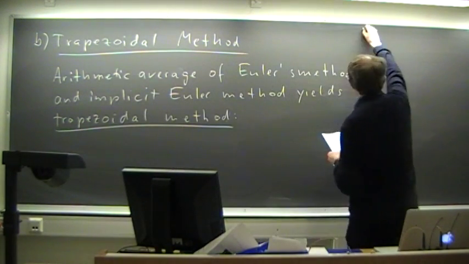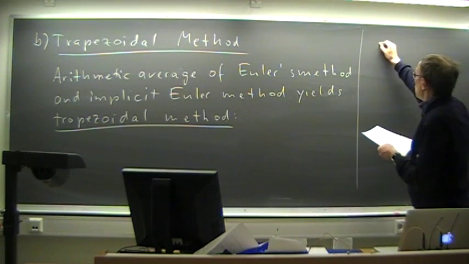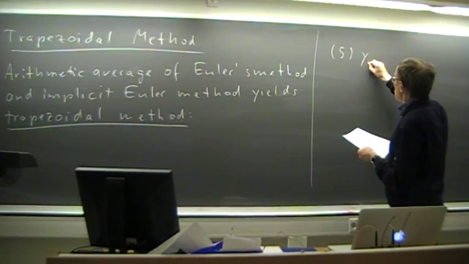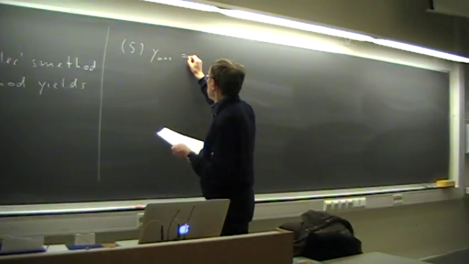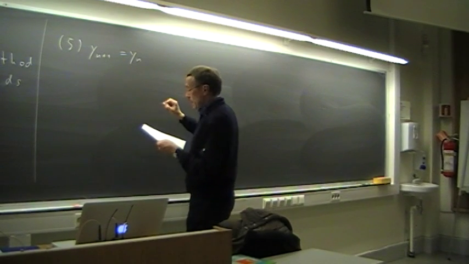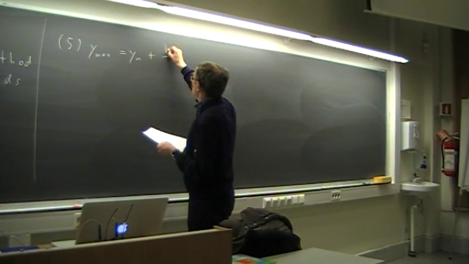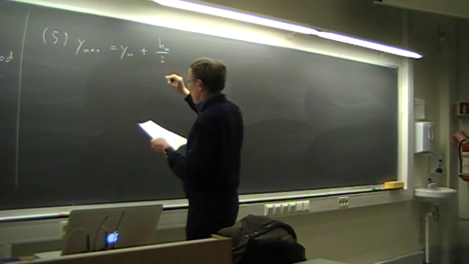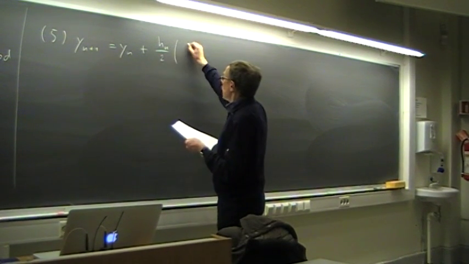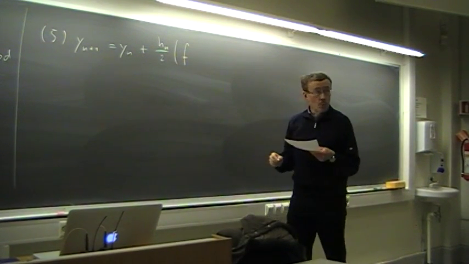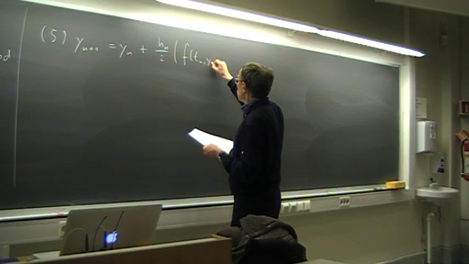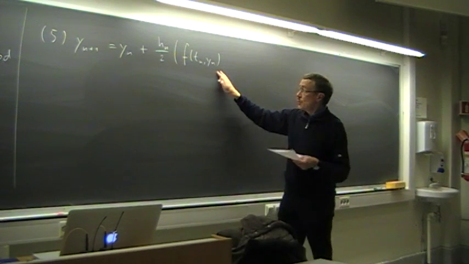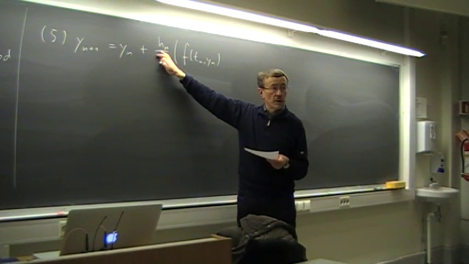That is the following. We compute the solution at the new time level, n+1, by using the old one and adding the average of the slope, which is our function f, at the old time level. And that was actually used without the half for Euler's method, the explicit one.